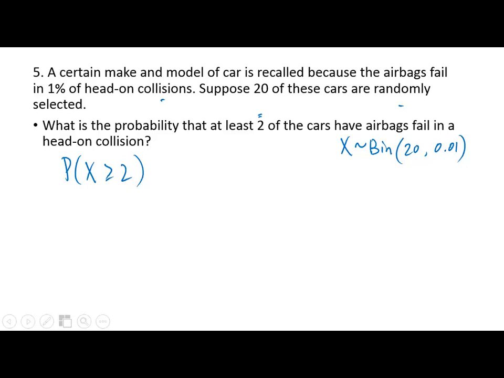And here you can use your favorite way of solving these type of problems. I'm going to do the 1 minus way, but I realized that I need to make this a little bit more clear. So if I want to be exactly careful about this, this is 1 minus the probability that X is less than 2, right?